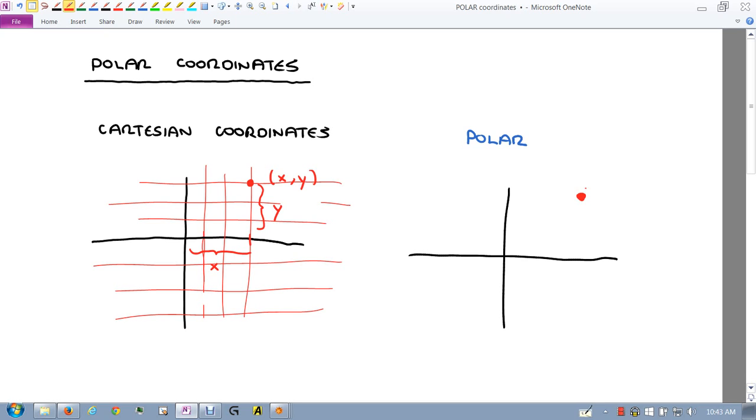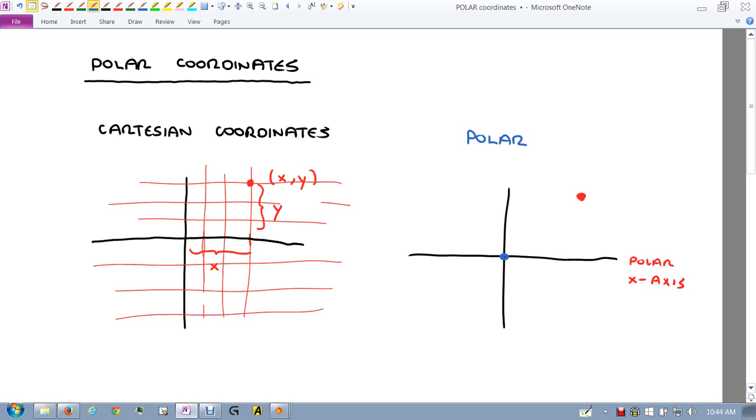Instead, I'm going to tell you how far to walk out, and I'm going to tell you an angle to turn. And if I give you those pieces of information, you should also be able to get to that point with just those 2 pieces of information. So we call this, instead of our x-axis, our polar axis. All right? And the polar axis is always where we would start.